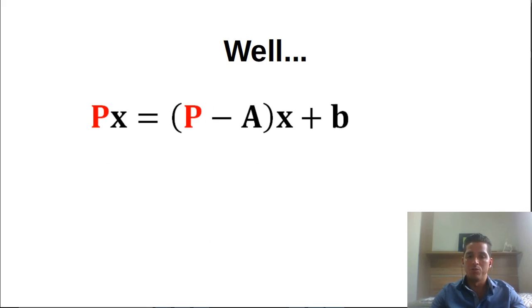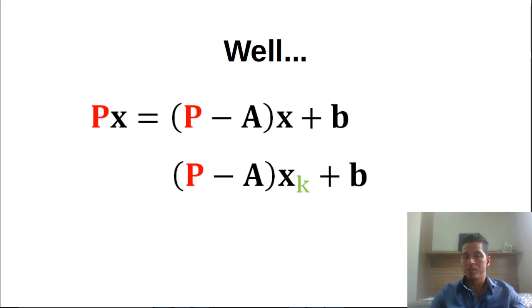Well, now is the most important slide of this presentation. We want to solve Ax equals b, but we don't want to solve it in one shot. We want to solve it in an iterative way. What is this? Well, I have a guess for x, for example, in the first shot, x0, and then I want to find another x, the following x, that is closer to the x that solves Ax equals b.